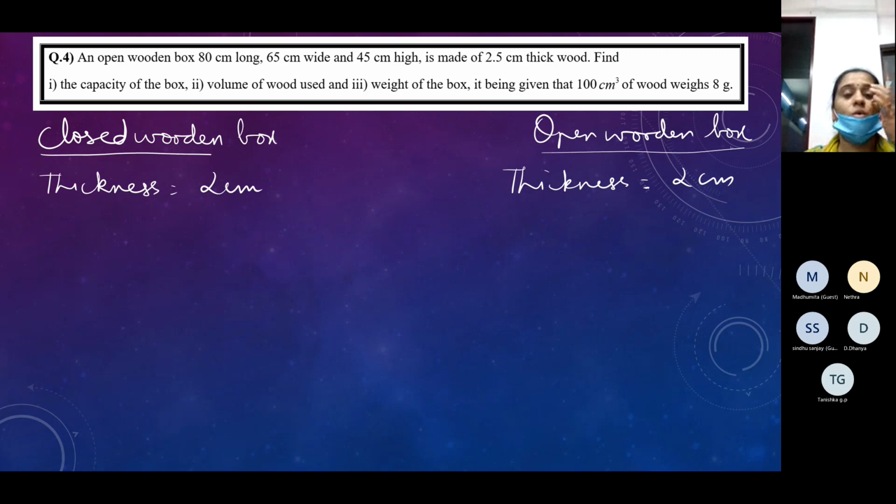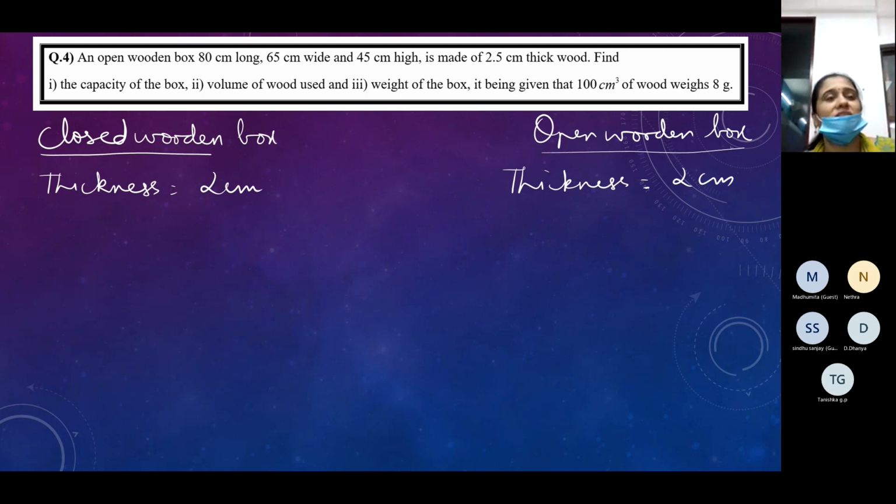Now think of the overhead tank. How is the overhead tank? It's mostly cuboidal, correct? The wall is thick, no? Now, supposing the tank is empty, you get inside the tank and measure the length, breadth, and height.